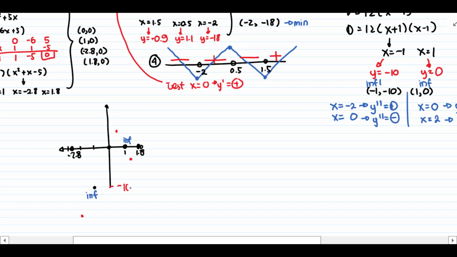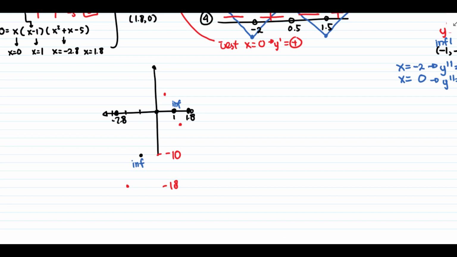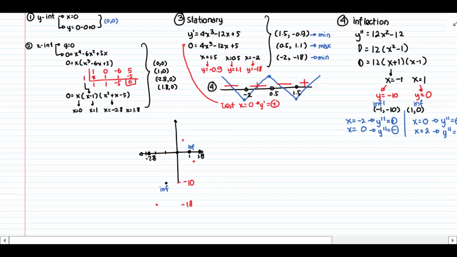Okay, this one is negative 10 and this one is negative 18. So we are ready to sketch, but first I want to label the minimum and maximum. So this one is the maximum, this one is the minimum, and also this one is a minimum.